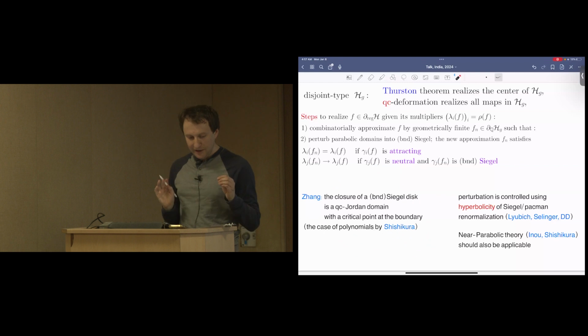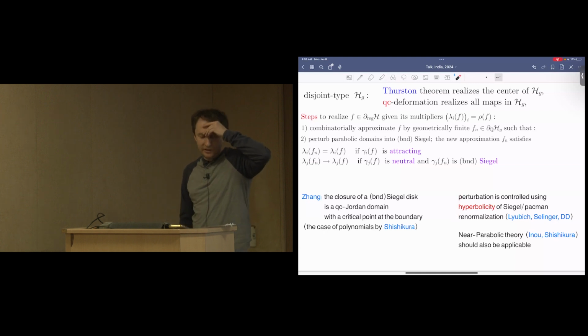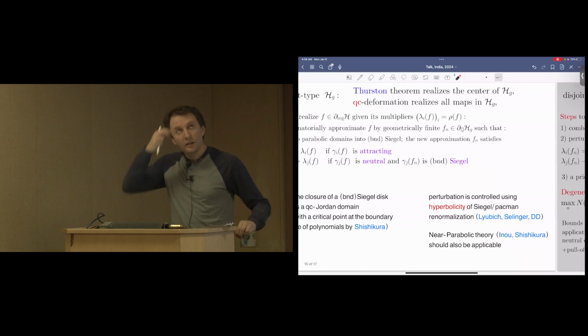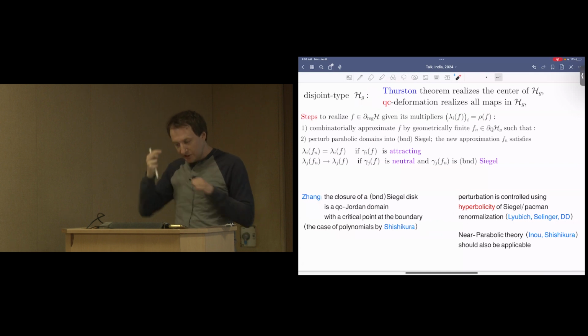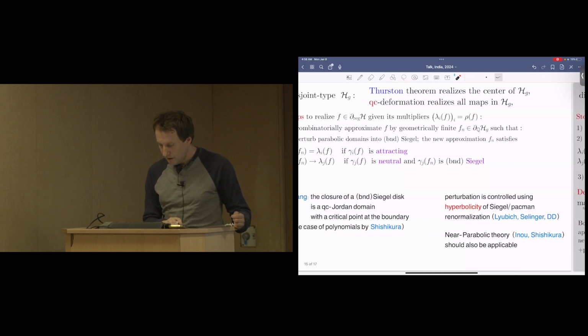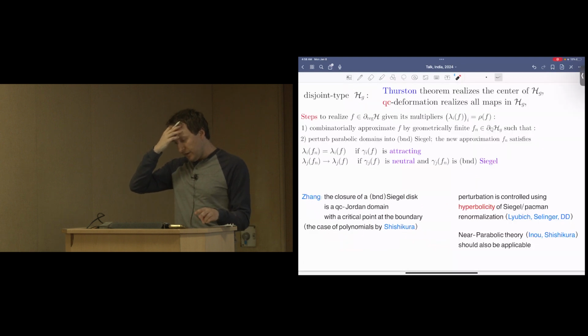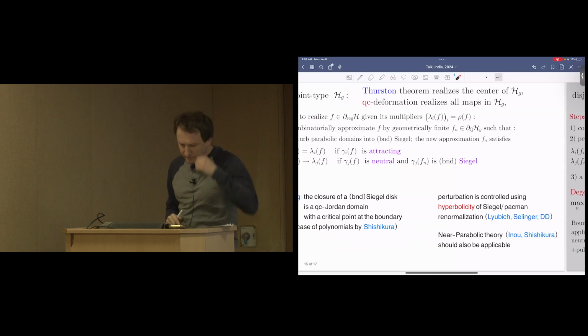But this can be controlled and prevented. So there are enough tools, for example, using hyperbolicity of renormalization. And I'm not sure if it can be done without hyperbolicity of renormalization. So these statements are almost obvious, but usually difficult to prove.